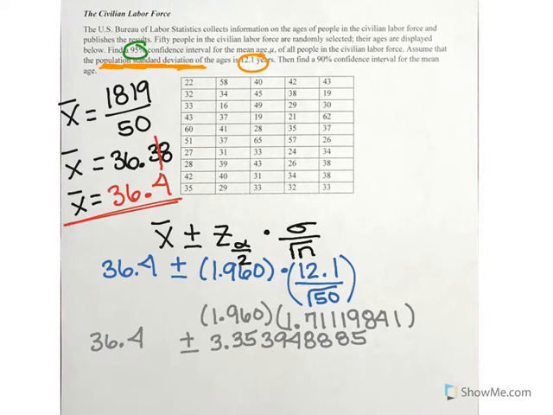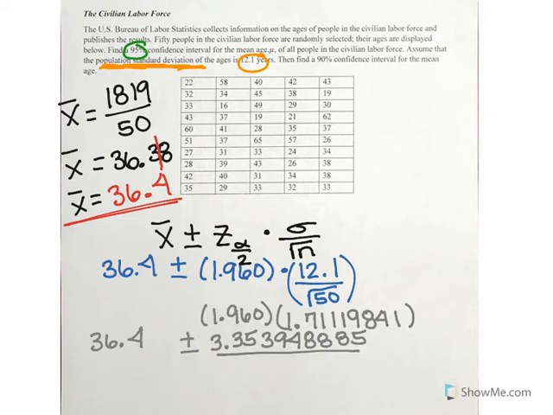Now, I do not round. I know this might be a pain, but do not round, because if you round this number, you're going to cut off your accuracy. You want it to be as close as possible, so do not round till we get to the very end.